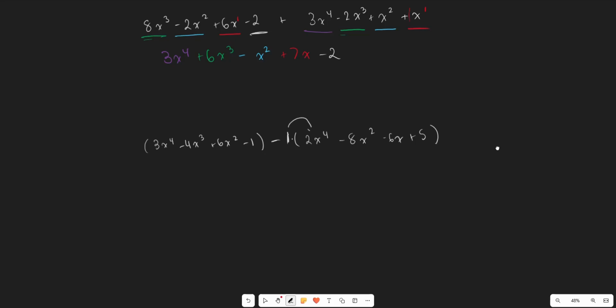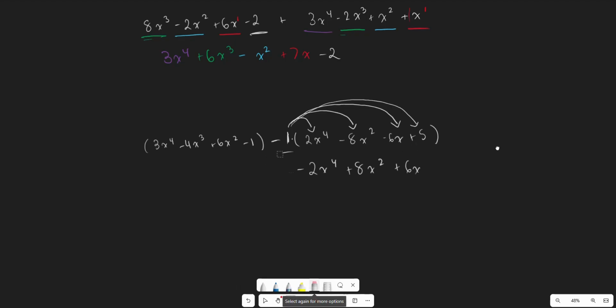So if we do this really quickly, we have negative 1 times 2x to the 4th power, which is negative 2x to the 4th power, and negative 1 times minus 8x squared is plus 8x squared, negative 1 times minus 6x is positive 6x, and negative 1 times 5 is negative 5. So that's just our distributive property.